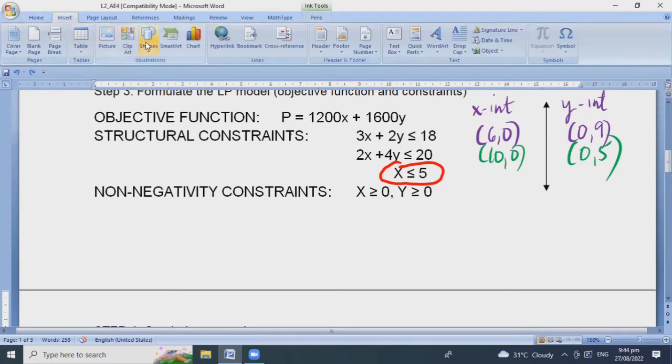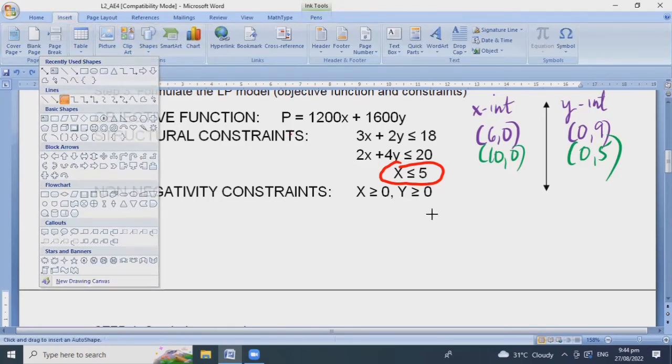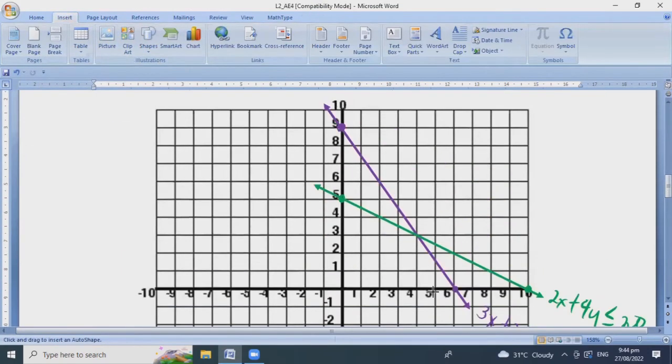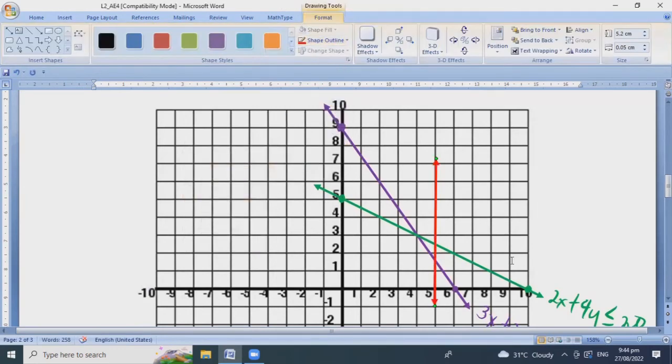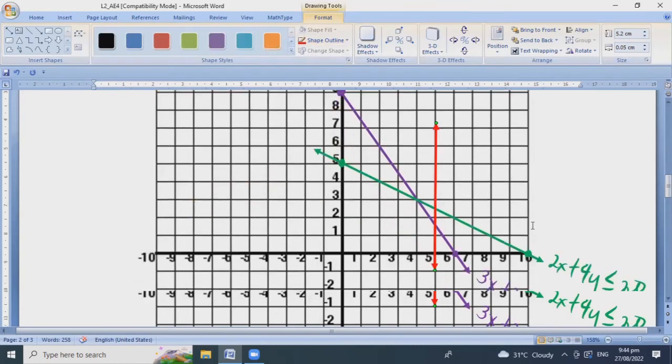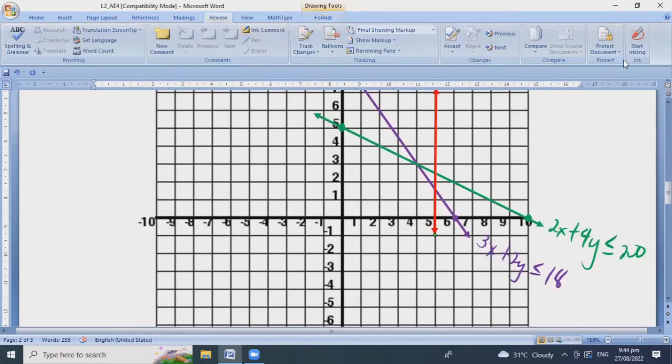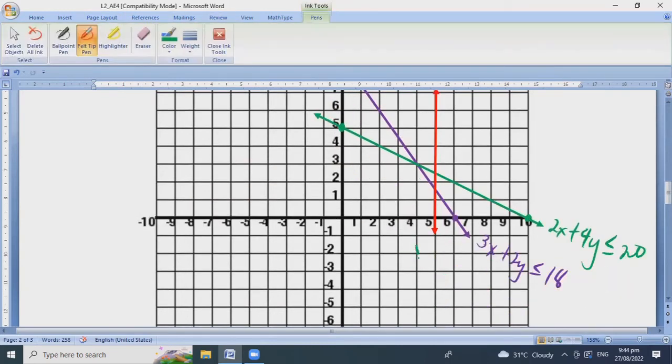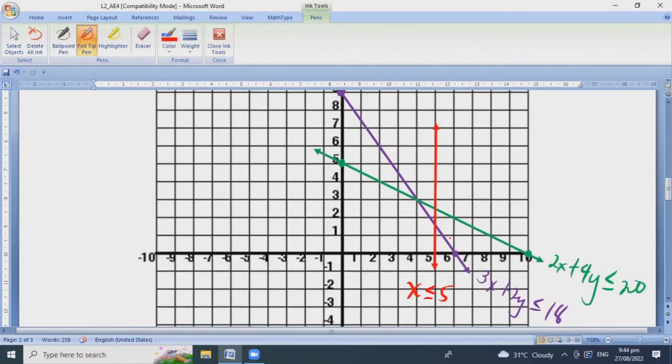So, gawa na tayo diretso ng vertical line, color red, sa 5. 1, 2, 3, 4, 5. So, less than or equal to 5, shade natin yung left side niya. Lahat ng left ng red line.